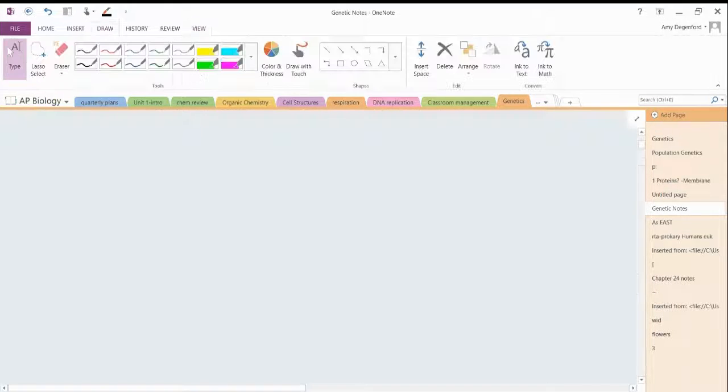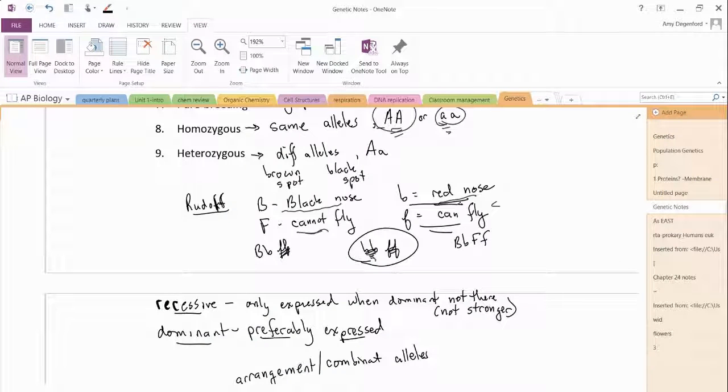A recessive allele means that it's only expressed when the dominant one is not there. That doesn't mean it's not strong enough, and we'll talk about what's happening mechanistically. It simply means that if the dominant allele is there, it's going to be promoted preferentially over the recessive gene. And for Rudolph, because he can fly, he would be little f, little f.